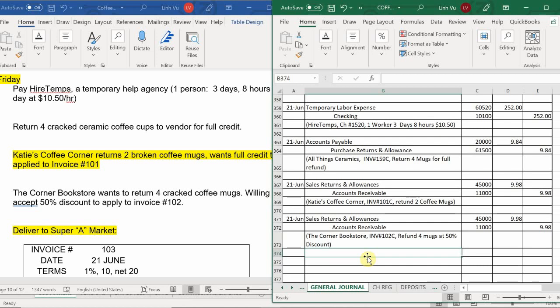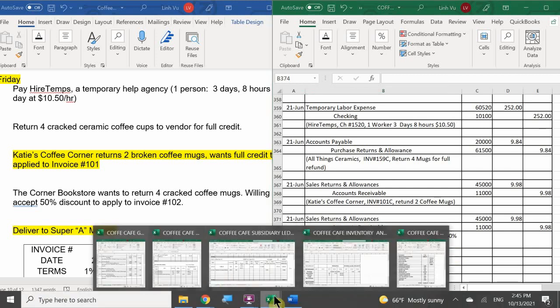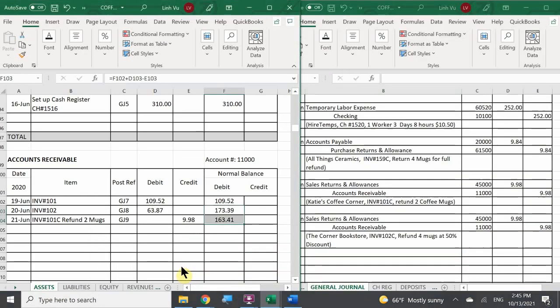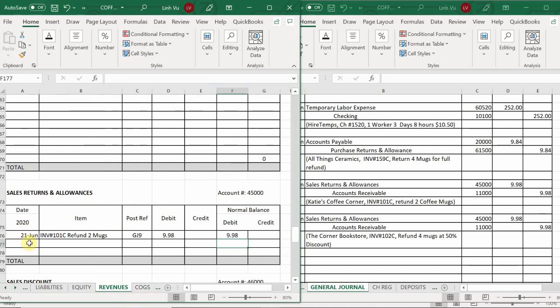So we're going to the ledger. Yeah, so we need to go to the ledger. Again, same invoice 102C.